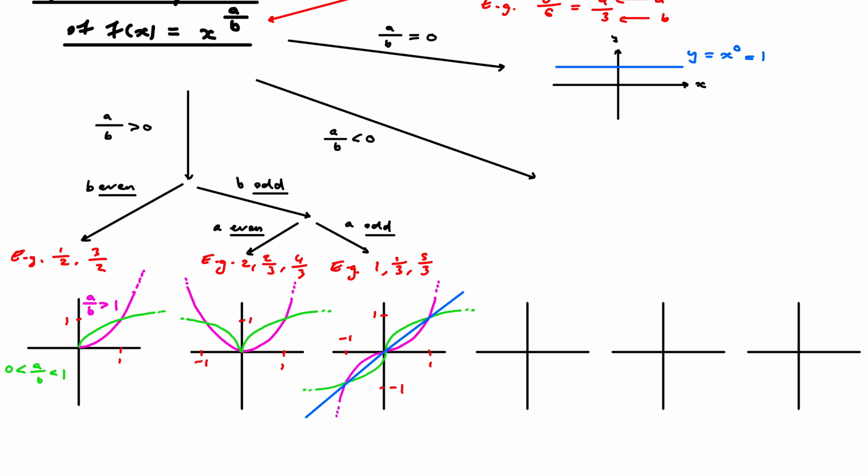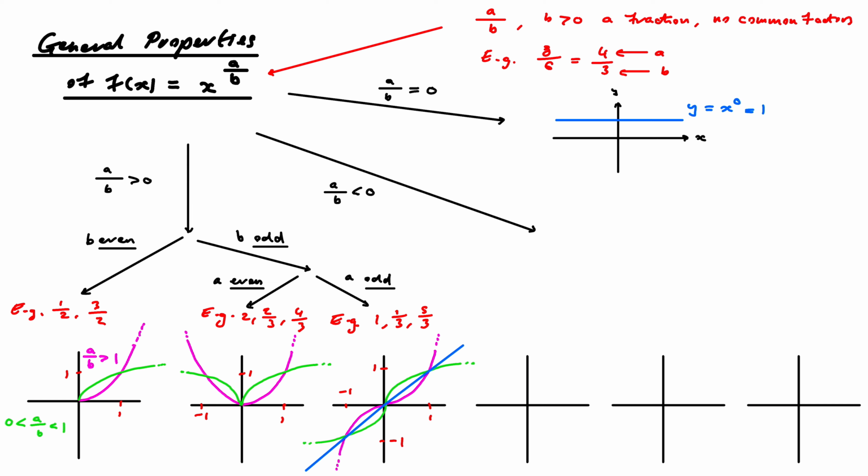So if A over B is negative, then A is going to be negative because we're always assuming that B is positive. So then what are we going to get? Well, we're going to break it into the B is even case, first of all, just as before. And then we'll break it into the B is odd cases.